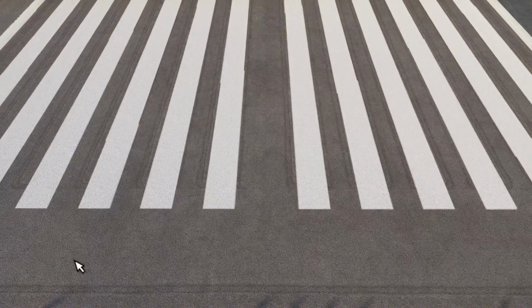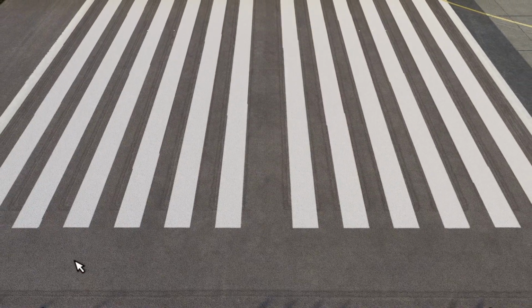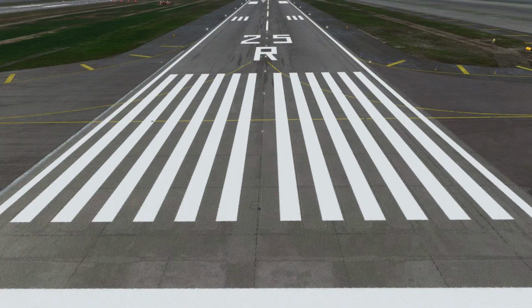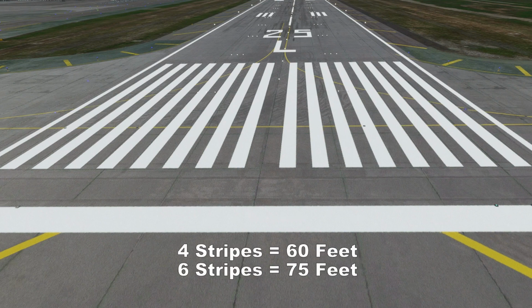Here at O'Hare, all of the runways are the same width and are designated with 12 stripes that indicate a width of 150 feet. At LAX, we have 12 stripes on the right-hand runway for a width of 150 feet, while the left-hand runway has 16 stripes, indicating a width of 200 feet. 4 stripes would indicate a width of 60 feet, while 6 stripes indicate 75 feet, and 8 indicate 100 feet.